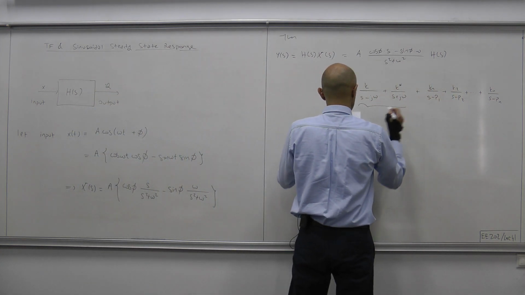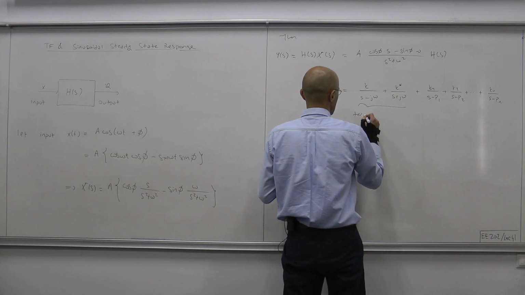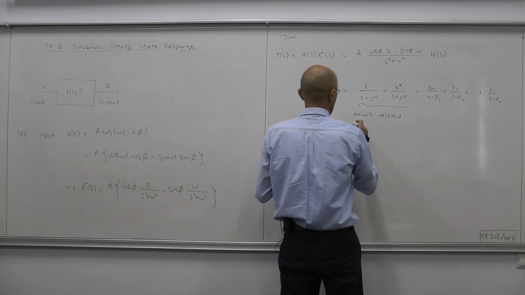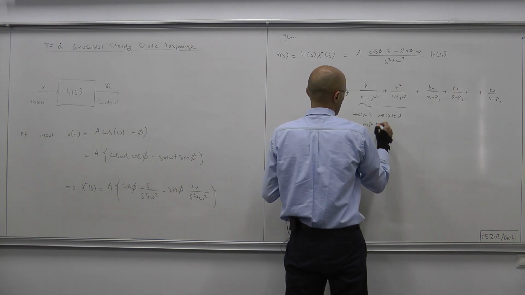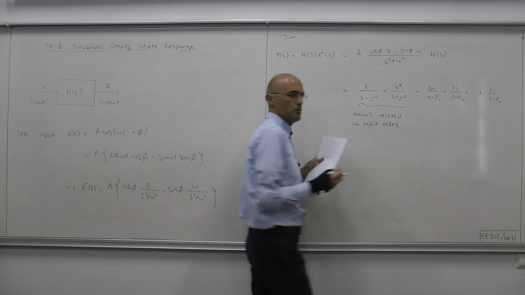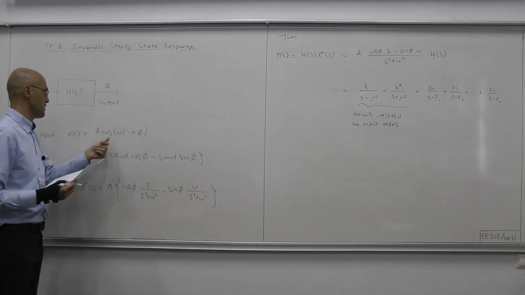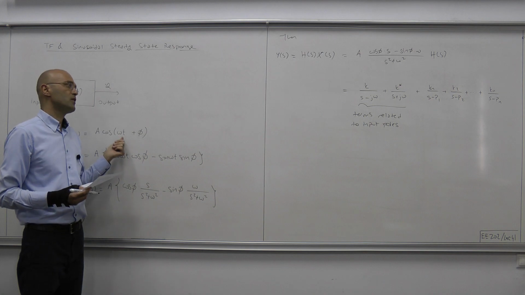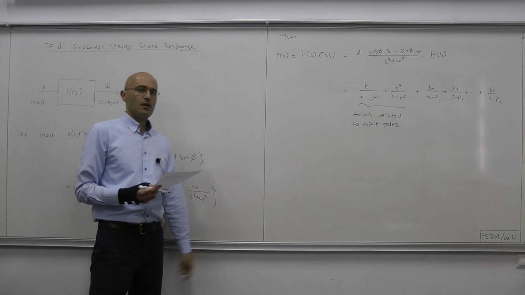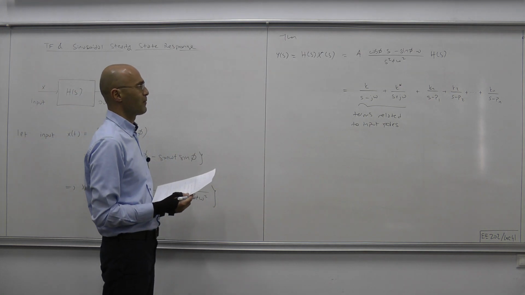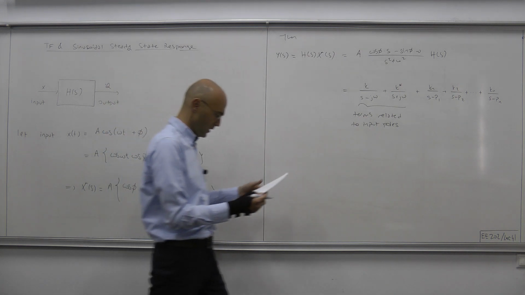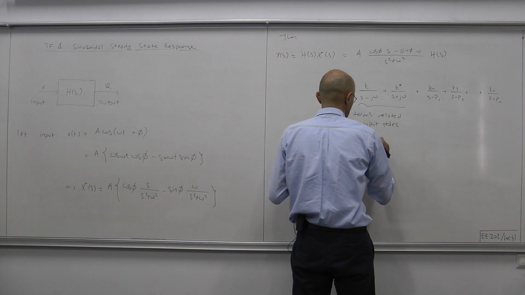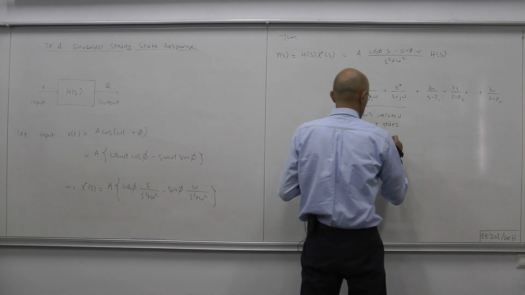So these, as we said, are terms related to the input poles. Once again, the input is the sinusoidal function with frequency of oscillations omega, which means complex conjugate poles at plus minus j omega. Therefore these terms make the particular solution.